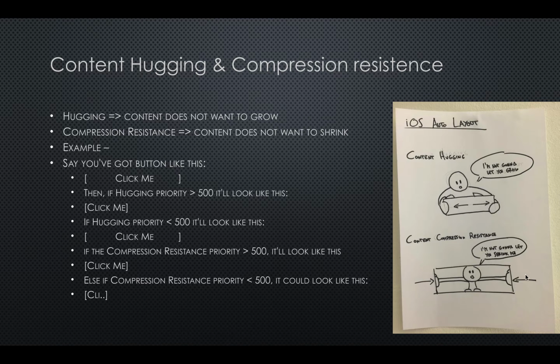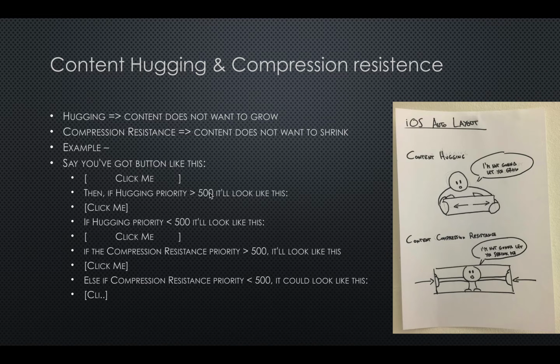It's like standing in the middle of the box while the box is trying to shrink and you say, I'm not going to let you shrink, just stay the way you are. If you have a higher number for compression resistance, then it will not shrink, it will just resist shrinking.